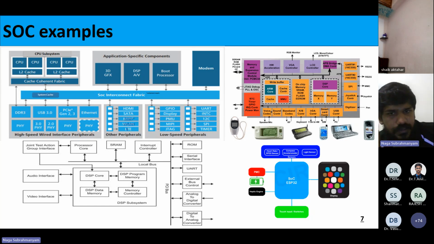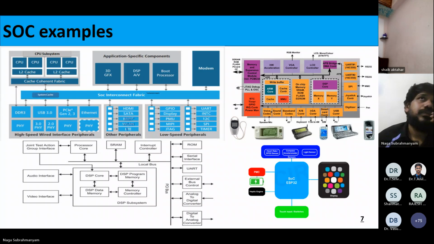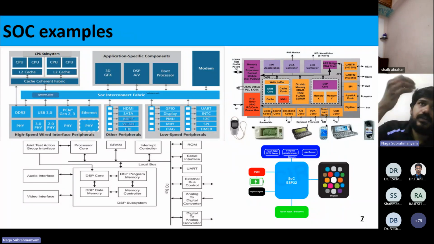Okay, did you get my point? Two aspects in the design, two aspects in the verification. They may have their own SPI design, so we can verify that and how it will work at the top level, meaning how it communicates with other systems.